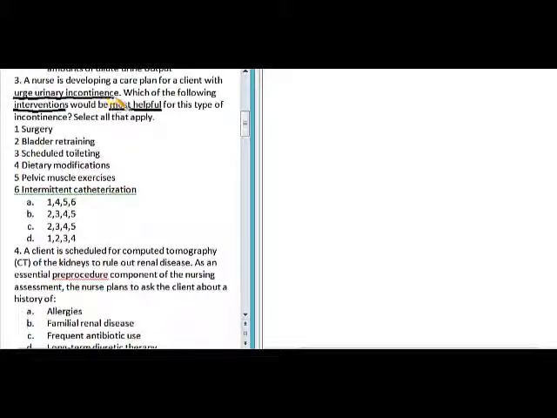From the word incontinence, this is involuntary passage of urine.